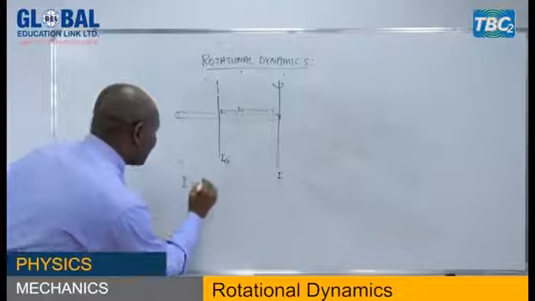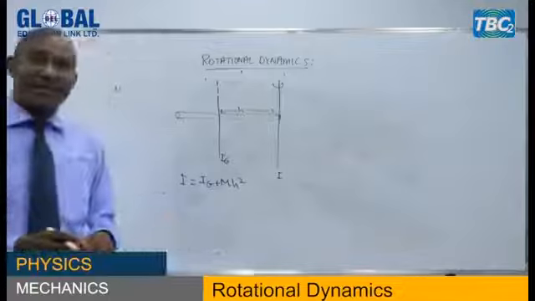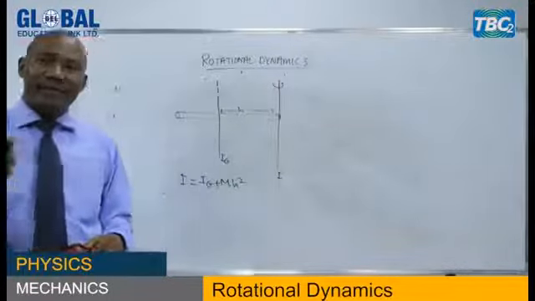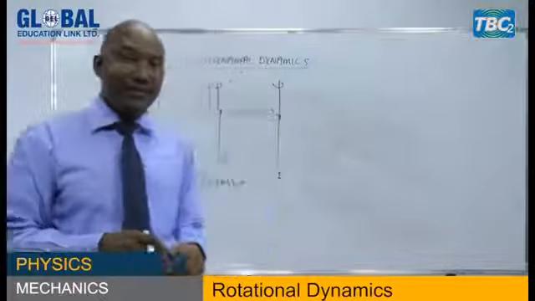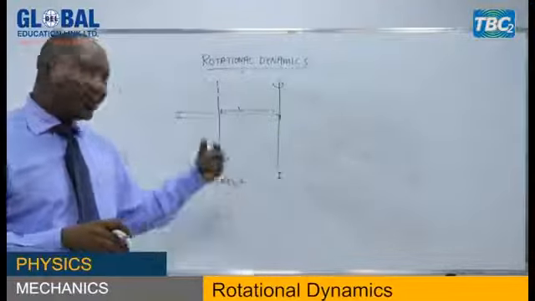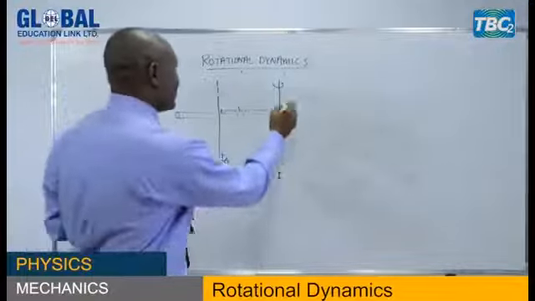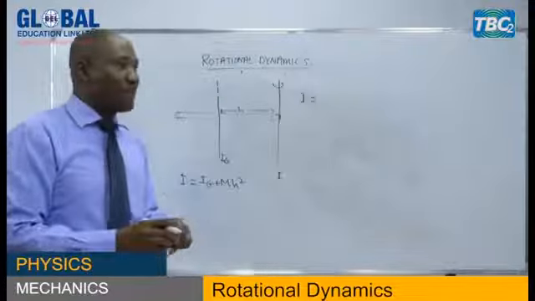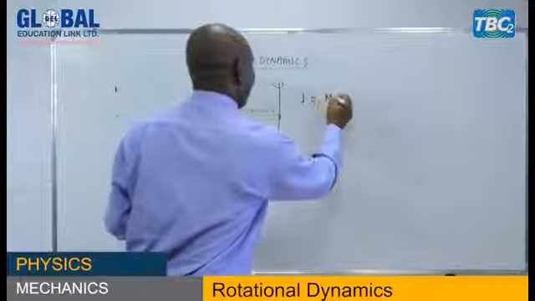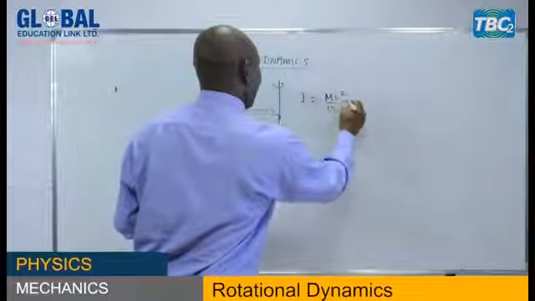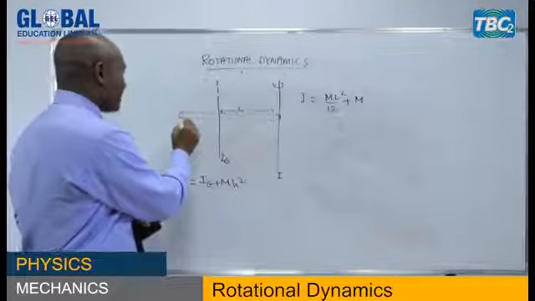So I equals Ig plus mh squared. That m is the mass of the object when immersed in that liquid. We should know, and at the end, we should find that mass. So we know the moment of inertia of the center is given by mL squared over 12, plus m times h squared.